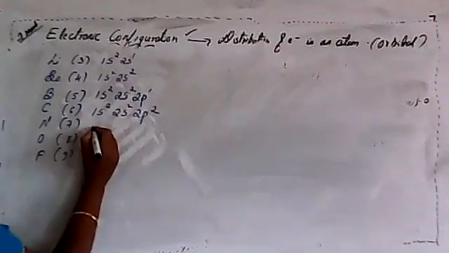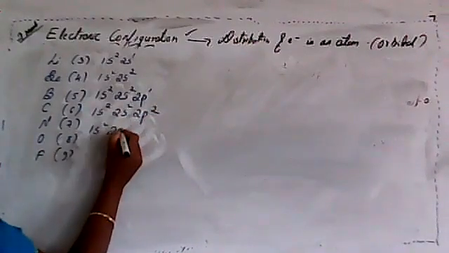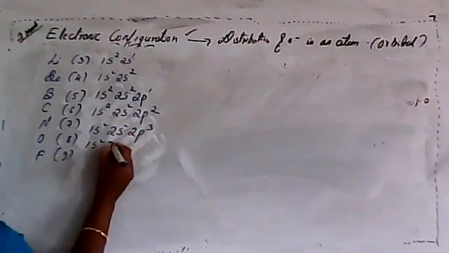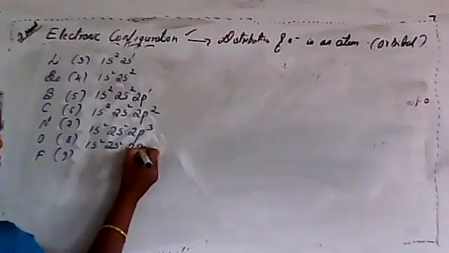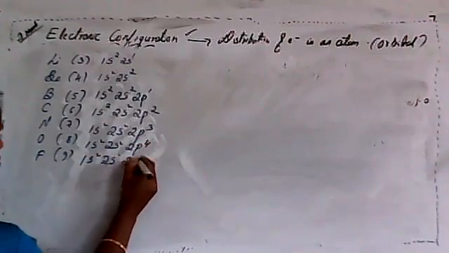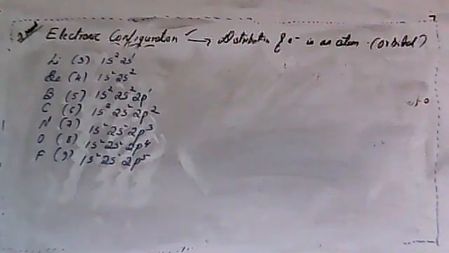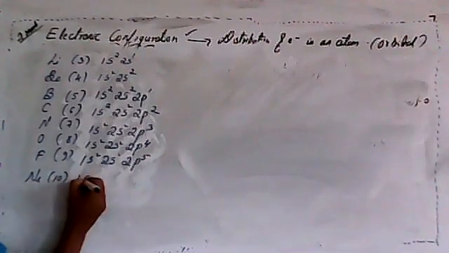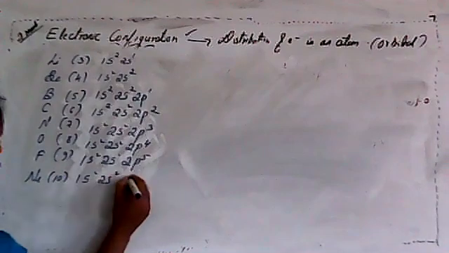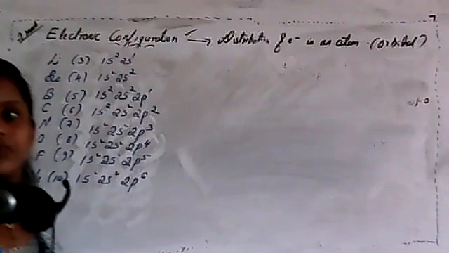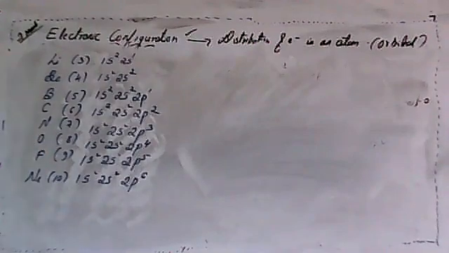Next one 7, 1s2, 2s2, 2p3. Then 1s2, 2s2, 2p4, and 1s2, 2s2, 2p5. The last one I'll consider neon, atomic number 10, 1s2, 2s2, 2p6.